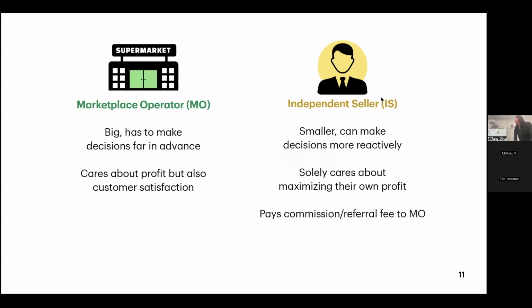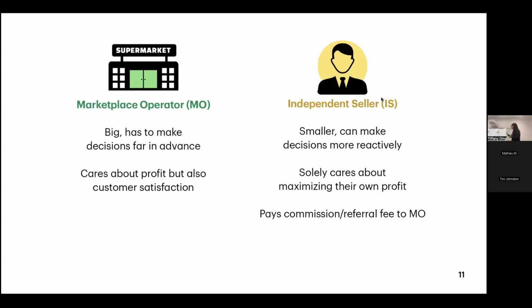Now I'll describe our model. We have two players, a marketplace operator and an independent seller. The marketplace operator is big, and they have to make decisions far in advance. They also care about customer satisfaction in addition to their own profit.